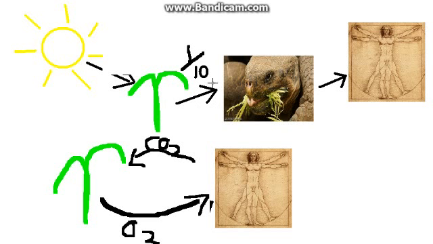That first animal was just a herbivore, and then it was eaten by a carnivore. The carnivore only gets 1/100th of that original energy source.